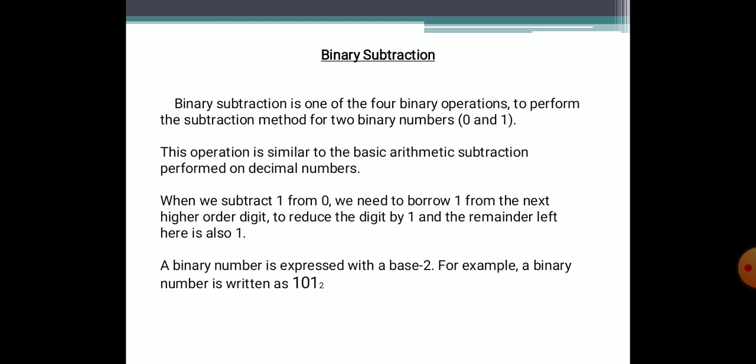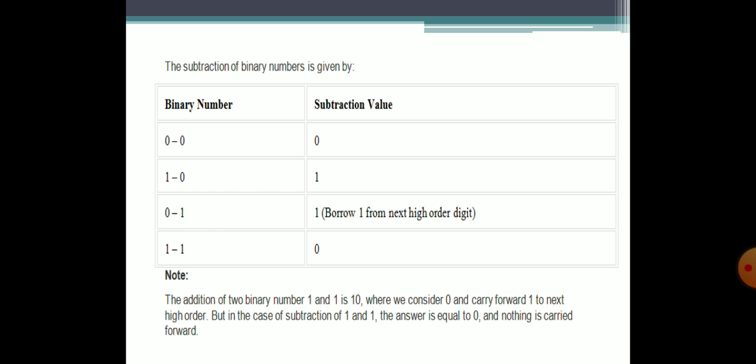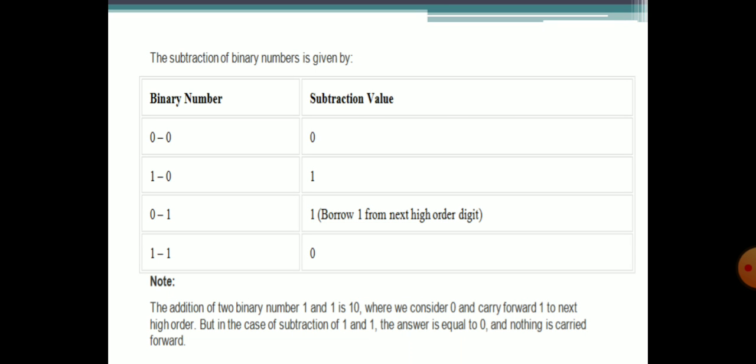Hence, when we subtract 1 from 0, we need to borrow 1 from the next higher order digit to reduce the digit by 1, and the remainder left here is also 1. I shall make it clear with some rules for subtraction. As we have seen the rules for binary addition, similar to that there are some rules for performing binary subtraction also.